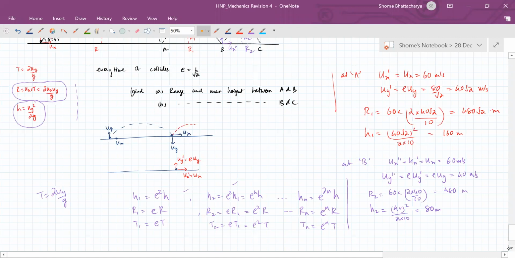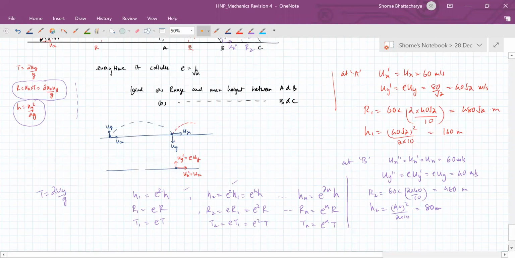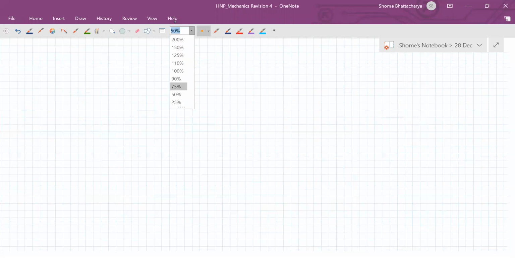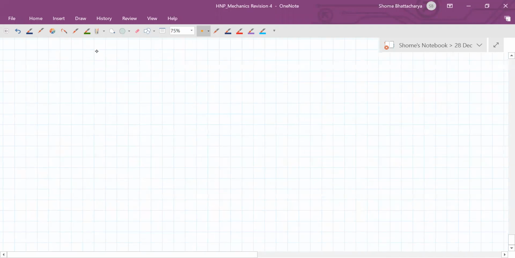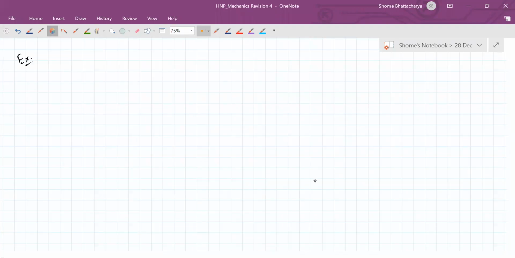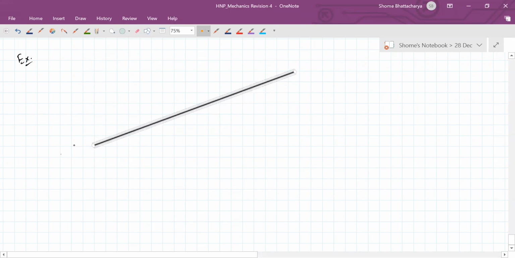Then another important type of collision problem is where there's an inclined surface involved. So this is also very common at the JEE level. So let's look straight away at a numerical example of this. So we have an inclined plane of 30 degrees with respect to the horizontal, and we are dropping a particle from a height of 20 meters.